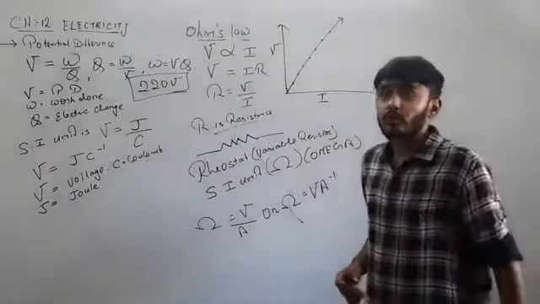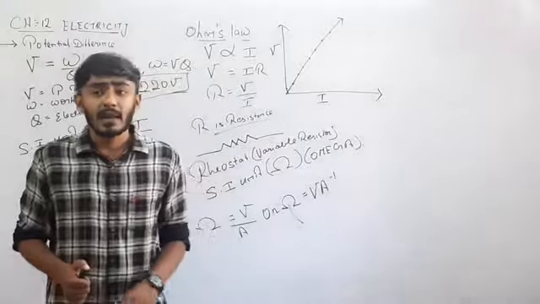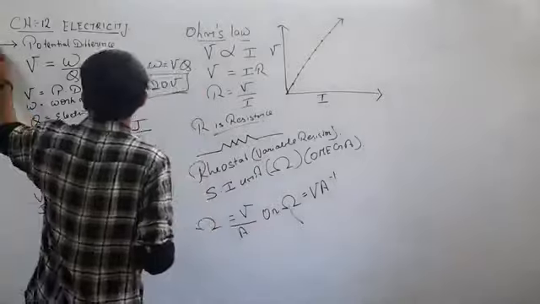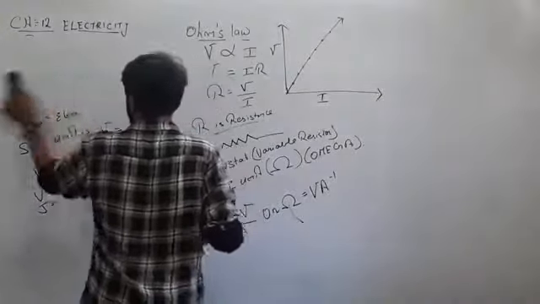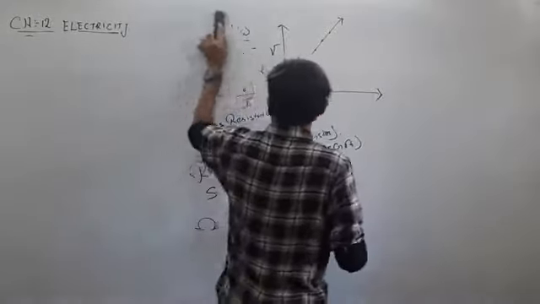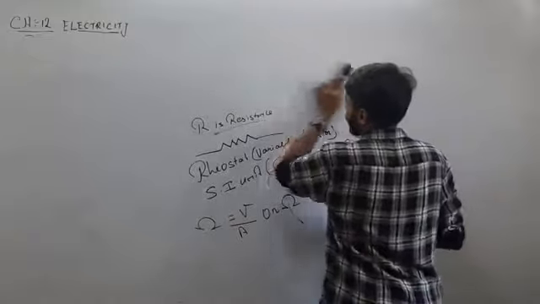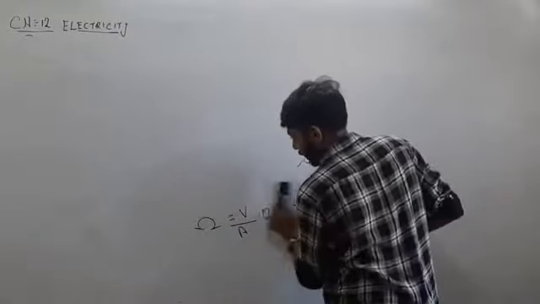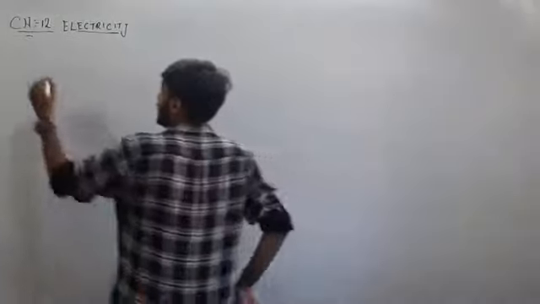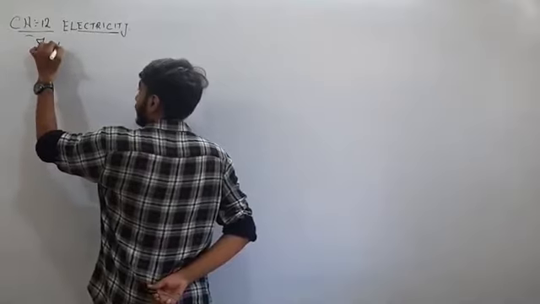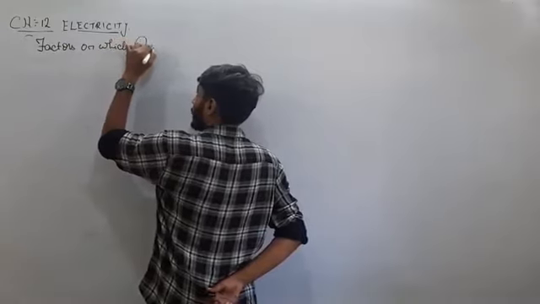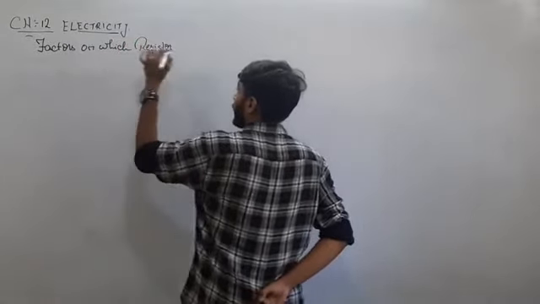So today we are going to learn one more new topic, and that is the factors on which the resistance depends. This is quite important in the exam, so please pay attention, as it relates to Ohm's law. You need to know that. So what are the factors on which the resistance depends?